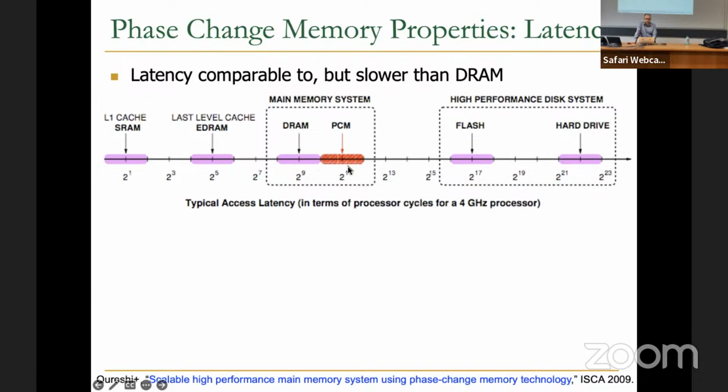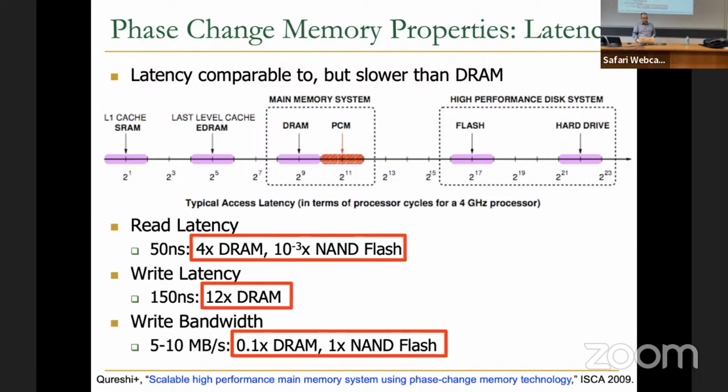So now the question is how PCM can find its way. PCM latencies are close to DRAM, but not as good as DRAM. In this work, we'd like to see how we can use PCM alongside DRAM. Read latency of PCM is around 50 nanoseconds, using all these studies, which is 4 times longer than DRAM, but faster than NAND flash memory.